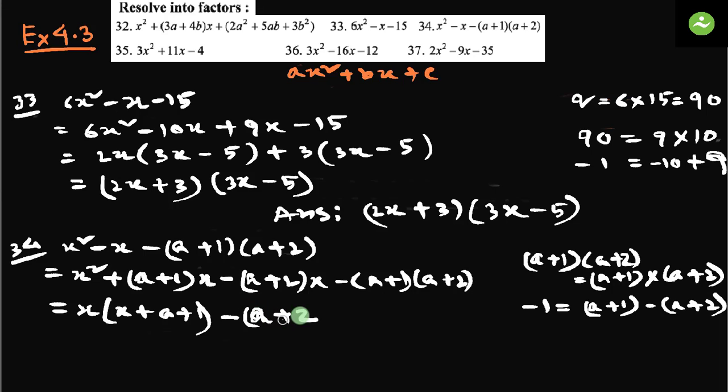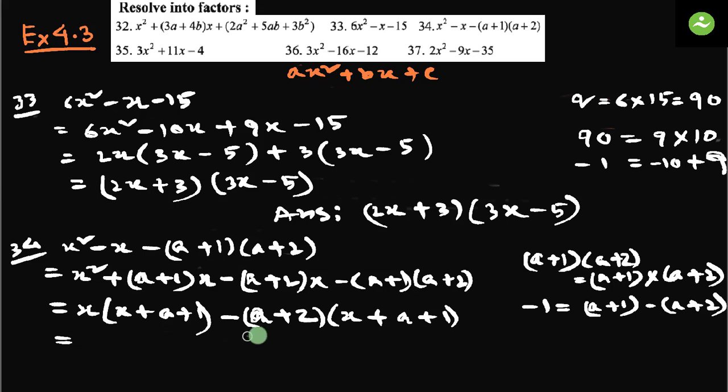Here there should be no minus, because this is minus, so plus and minus, this should be plus, plus (a plus 1).